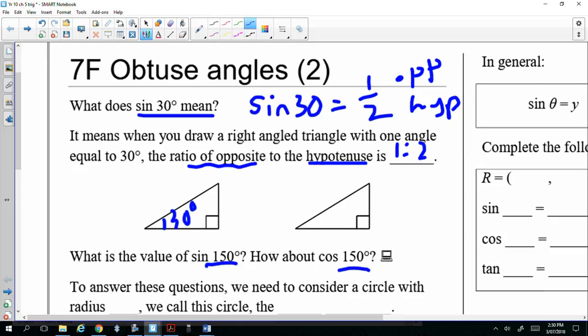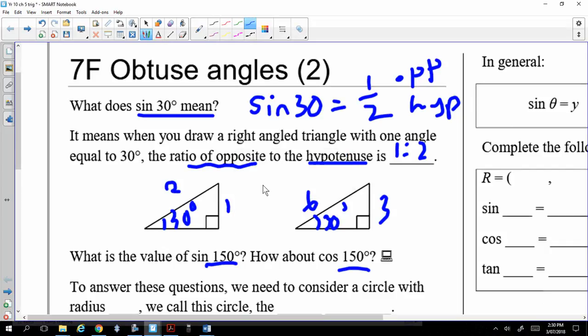So the right angle triangle with 30 degrees could be 1 and 2, but it doesn't have to be 1 and 2. It could be 3 and 6. It just means that the hypotenuse is double the side opposite. Sine 30 is half tells you that the hypotenuse is double the length of the opposite.